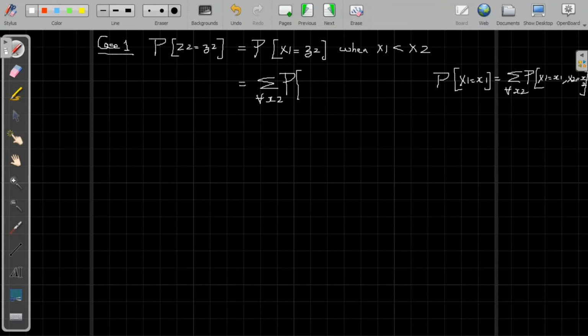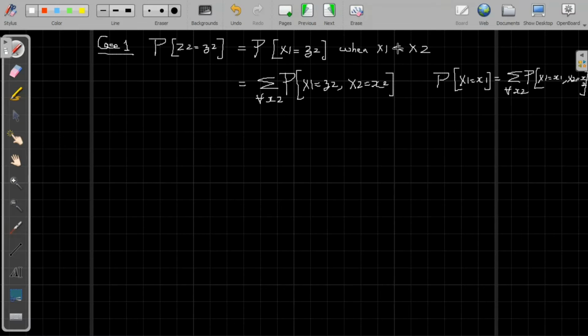of the joint probability that x1 is equal to sample value small x1, but here small x1 is equal to z2, so writing here z2, and x2 is equal to x2, provided we satisfy this condition.